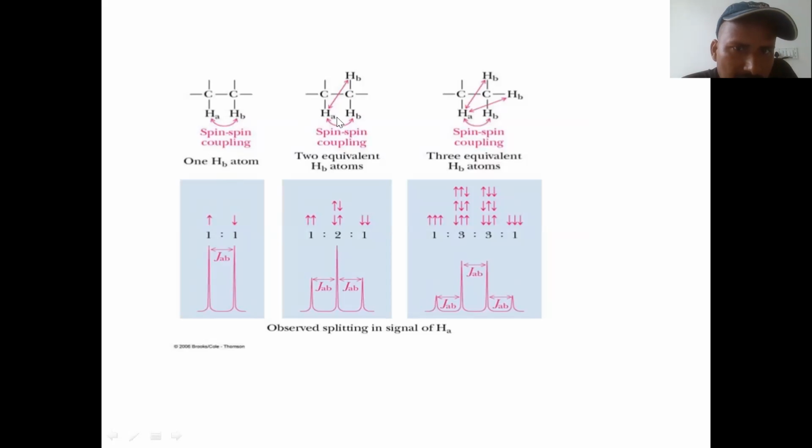Similarly, for this one a triplet appeared. For this proton a triplet appeared because applying the n plus 1 rule, a triplet will appear, since there are two equivalent Hb atoms. These are the equivalents and these are the equivalents, and for this spin coupling with three, what happened here, a quartet will appear.